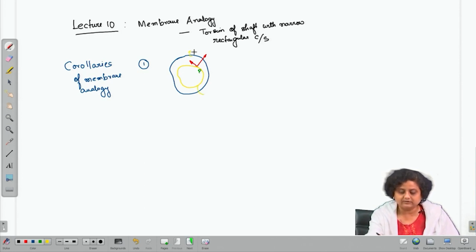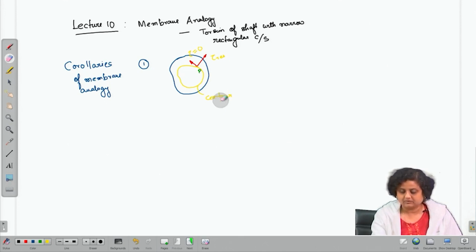So, tau in this direction is going to be 0, and this would be the tau resultant. The yellow colored line is the contour line of the analogous membrane.